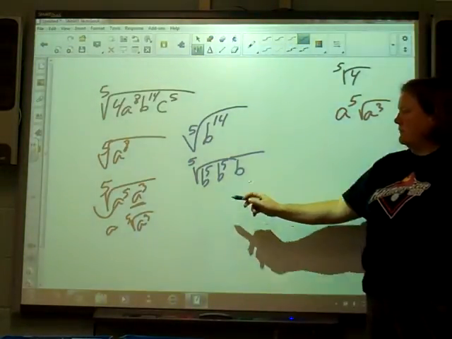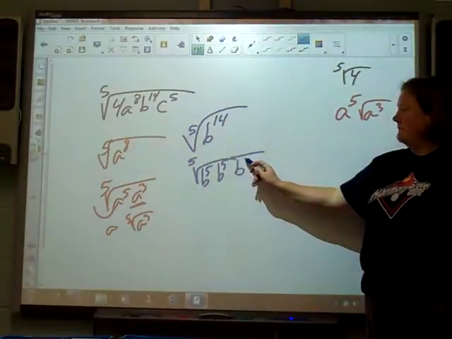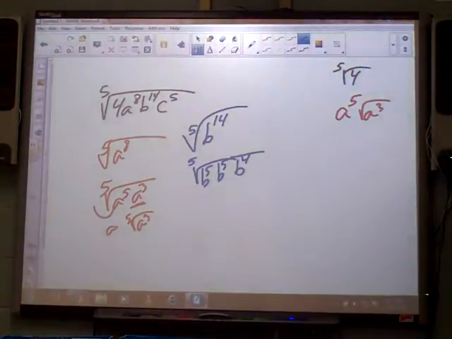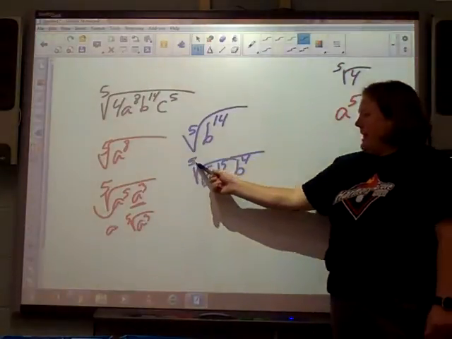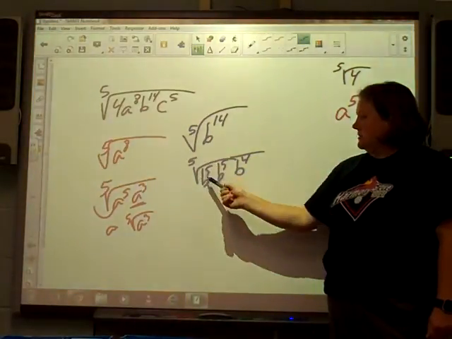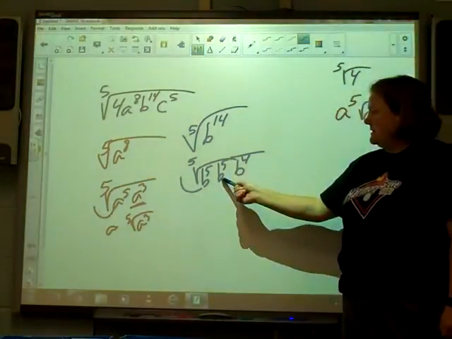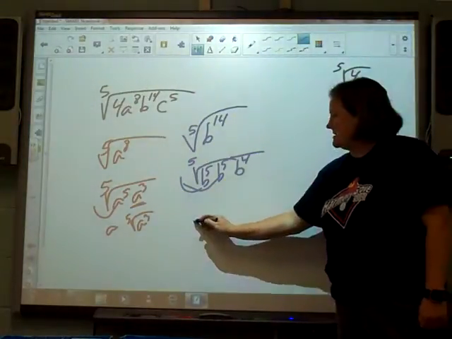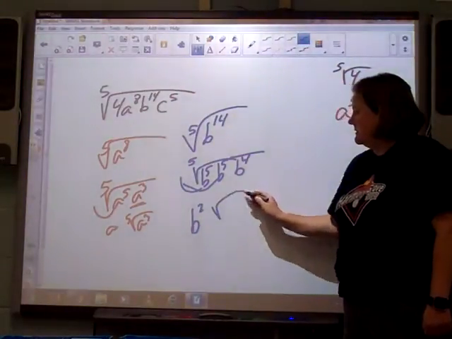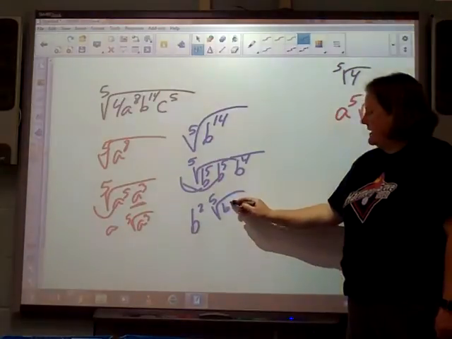I've already got 10. 4, good. Now, a 5th power and a 5th root cancel out, so this b will get to come out. That means b squared is out. And b to the 4th is in.